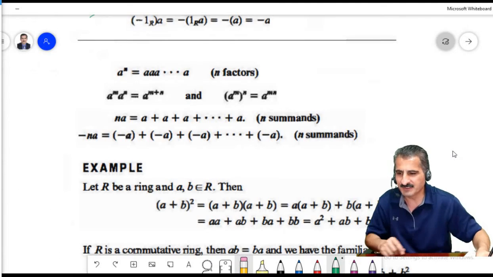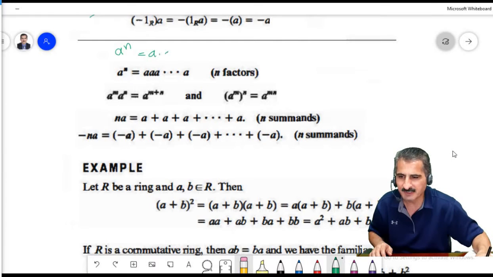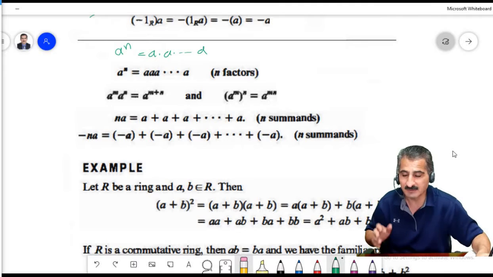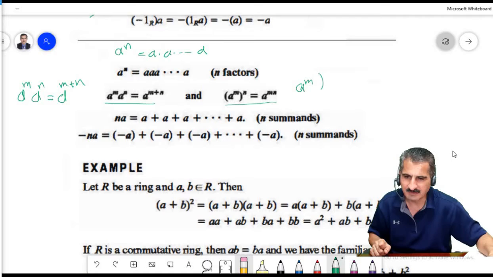As a matter of fact, this might not be very clear. A to the power n means for us multiplying A with itself n times, and you know what that means. And all this exponentiation, you know them now.